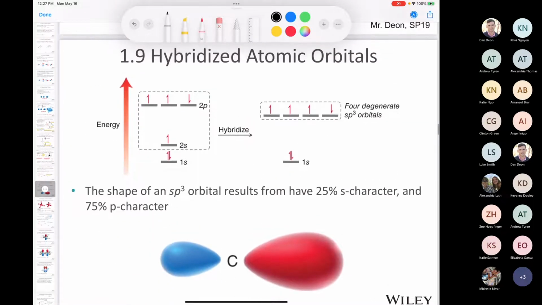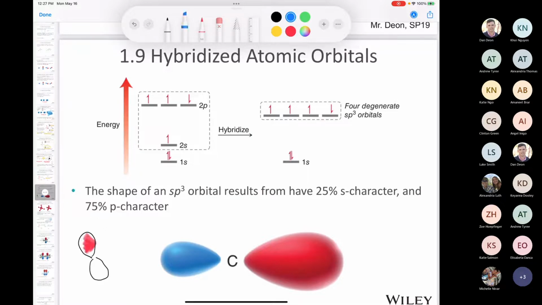Now, what does a hybrid orbital look like? We saw a few slides ago that a p orbital just looked like this. We had a lobe like this and a lobe like this. We shaded one, we shaded the other one like that. Okay, well, that's a p orbital. And if you're wondering what an sp3 orbital looks like, it looks pretty close to a p orbital, doesn't it?